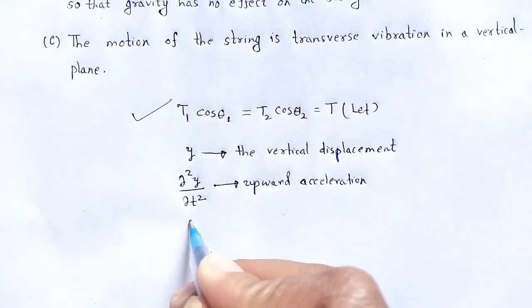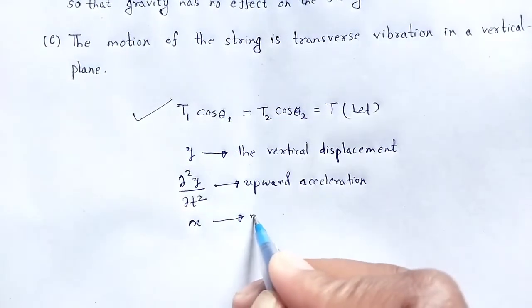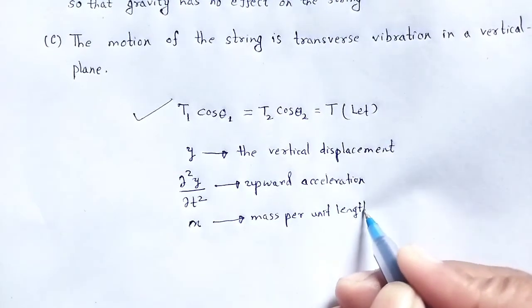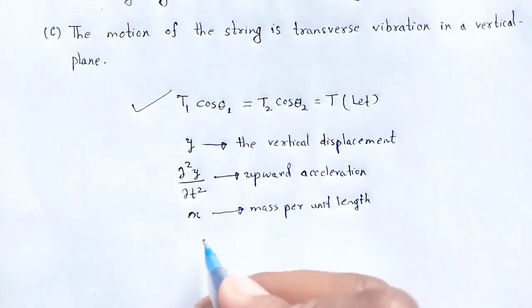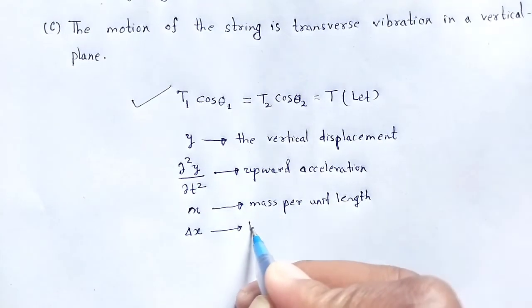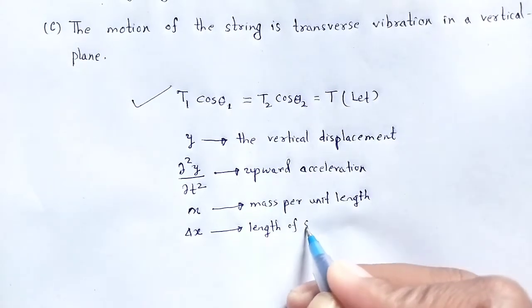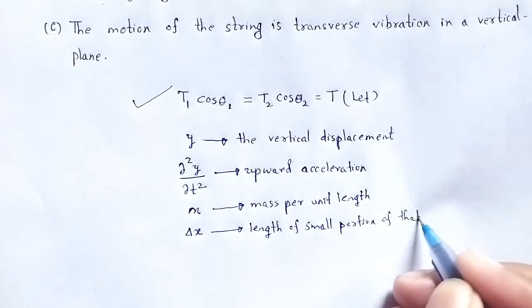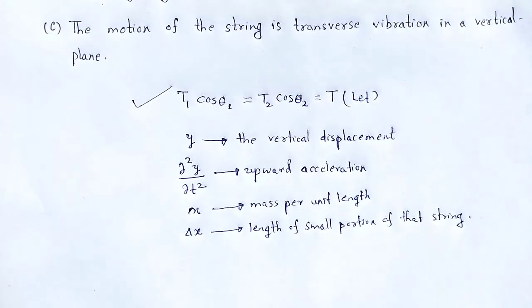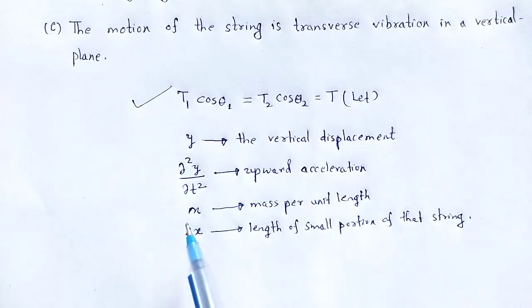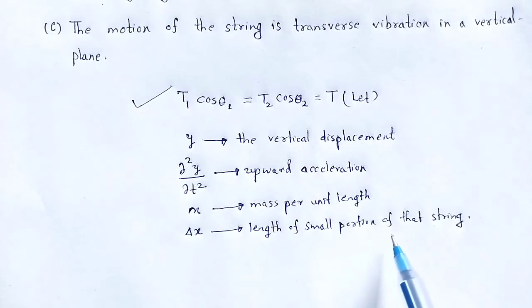Small m is the mass per unit length of the string, and del x is the length of the small portion of the string. So y is the vertical displacement, del 2y by del t2 is the upward acceleration, m is the mass per unit length, and del x is the length of the small portion of the string.